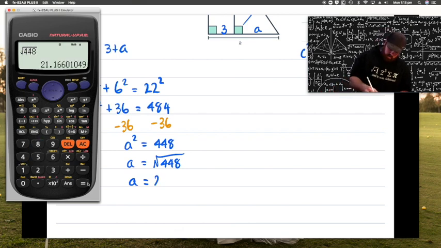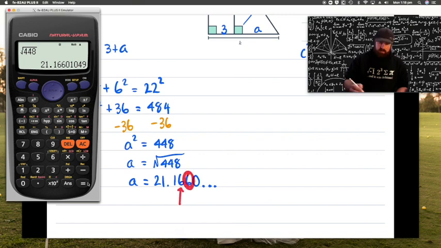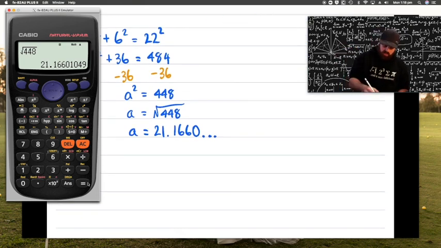And we get 21.1660 blah blah blah. And remembering our question said I want to round it to 2 decimal places. So there's the second decimal place, and after the second decimal place is that value 6. And that value 6 is going to make our answer round up.